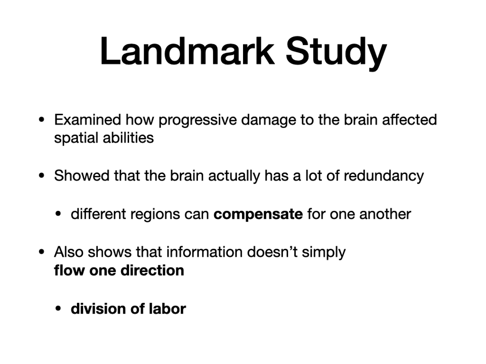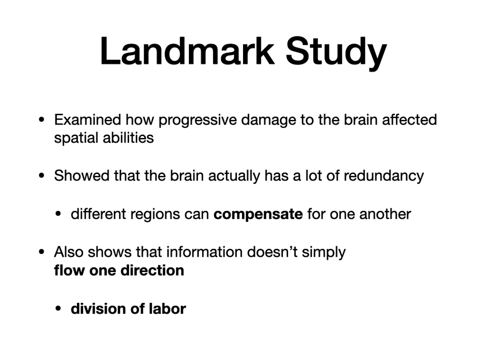It shows that the brain actually has a lot of redundancy. There are different regions that can compensate for one another, but also that the information does not just flow one direction or another. There's this division of labor. So, that's the landmark study.